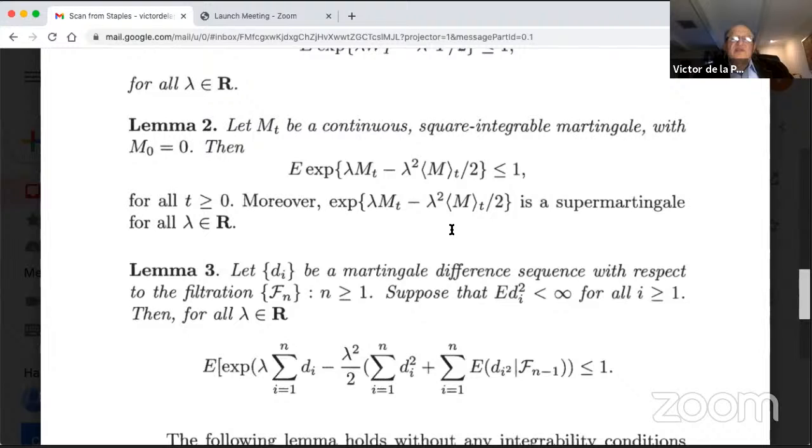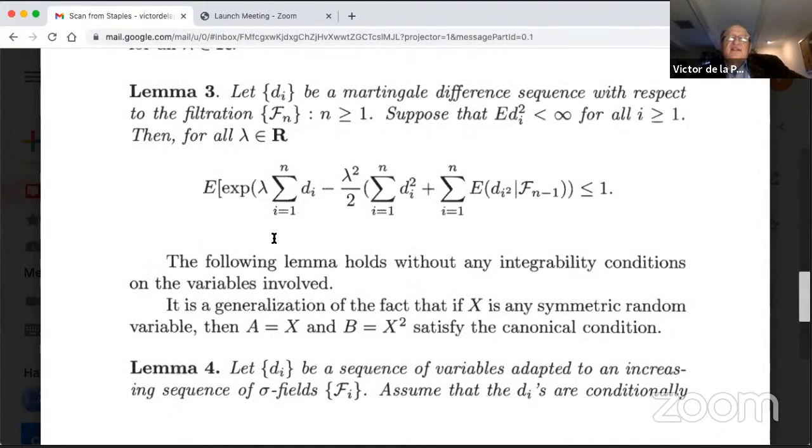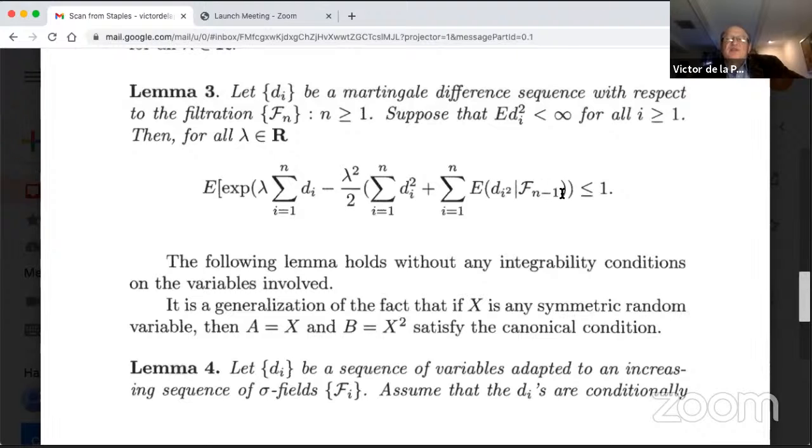Now, a very interesting result of Vercoe and Toti, I think, is the following. So you see, typically, here we are subtracting the quadratic variation, but when you have discrete processes, what Vercoe did was to show that the condition is satisfied by the sum of the d_i's as A, and the sum of the d_i squared plus the conditional variance.